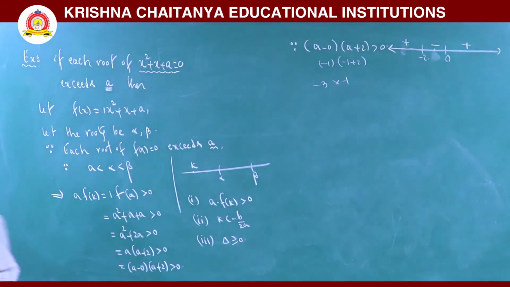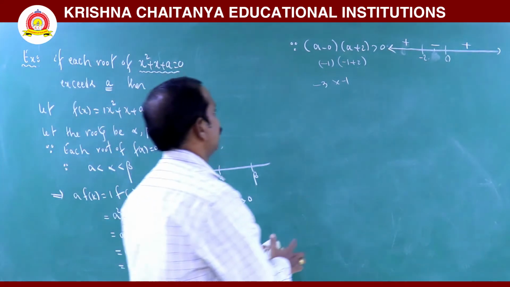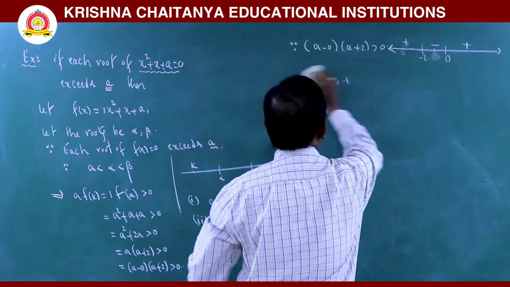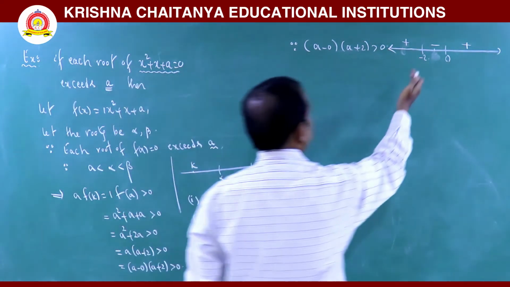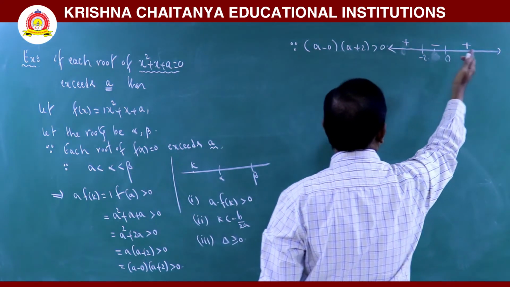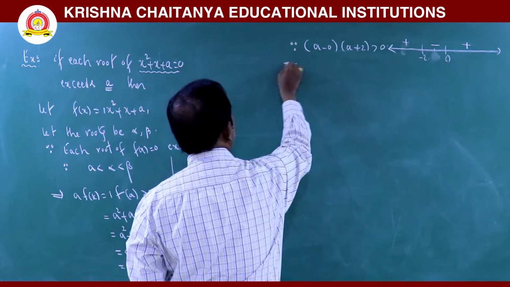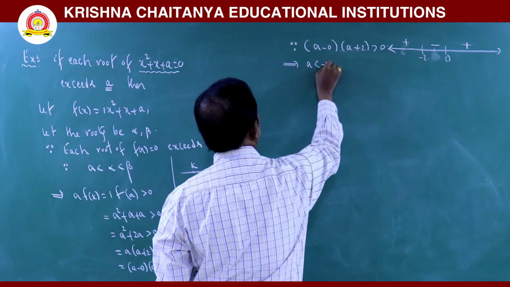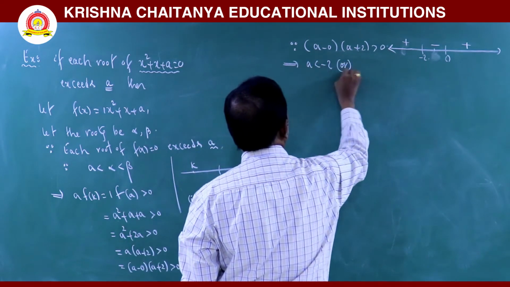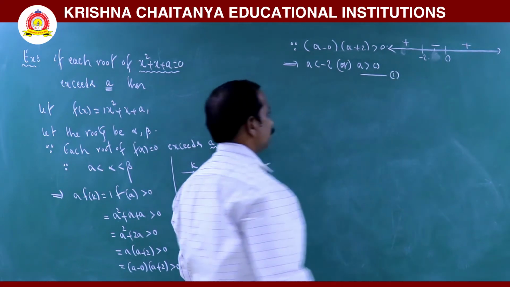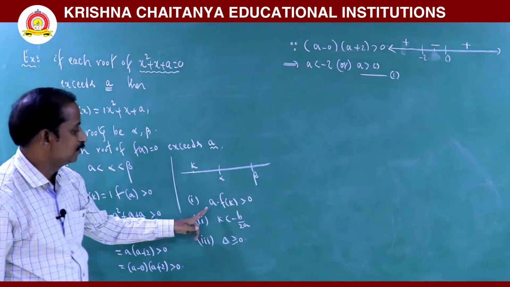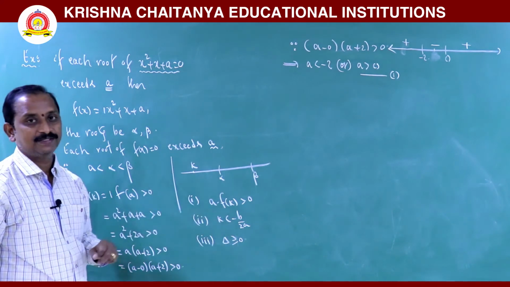Our condition is that (a - 0)(a + 2) is positive, which occurs when a is less than minus 2 or greater than 0. Let us consider this as equation number 1, for satisfying a into f of k greater than 0.